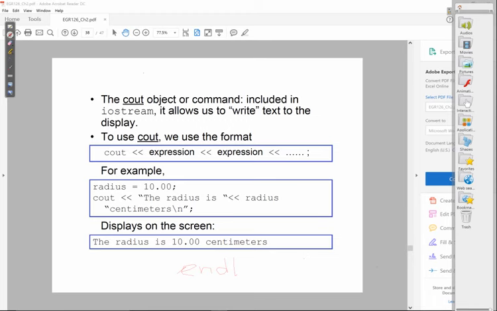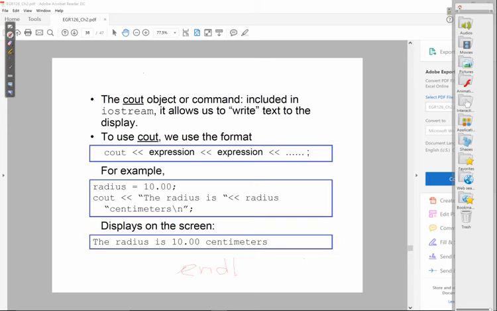You could put that as the very last expression, and what that does is it's like hitting the return key. It puts the cursor onto the next line, so now you're ready to start writing another sentence. So that's how you make use of the cout command, and again, it's used for displaying messages to the screen.